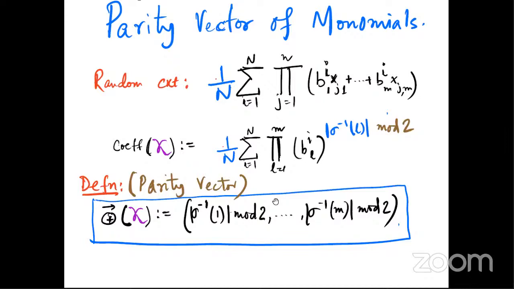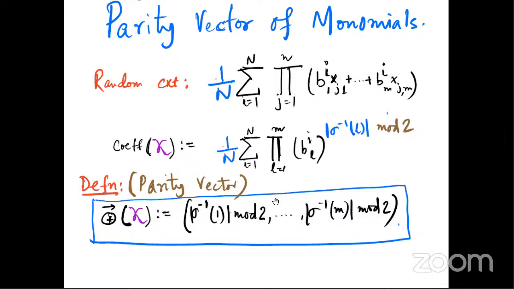So this vector is just a 0, 1 vector, an m-dimensional binary vector, and this vector completely determines the coefficient of this monomial kappa in our sum. Nothing else matters. This is a simple observation.